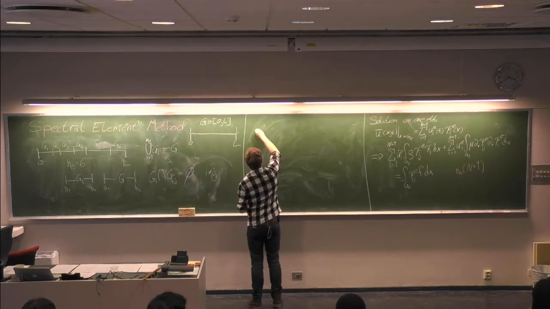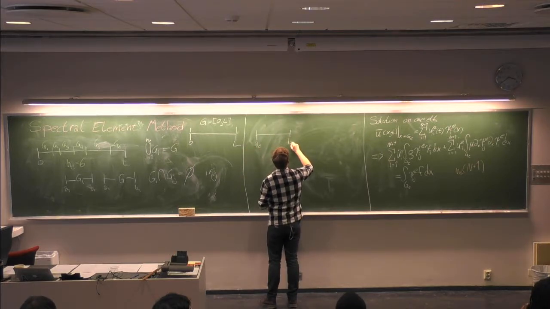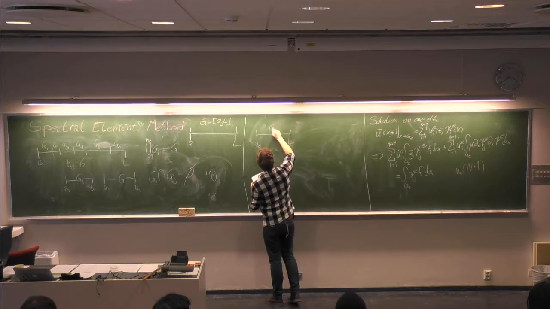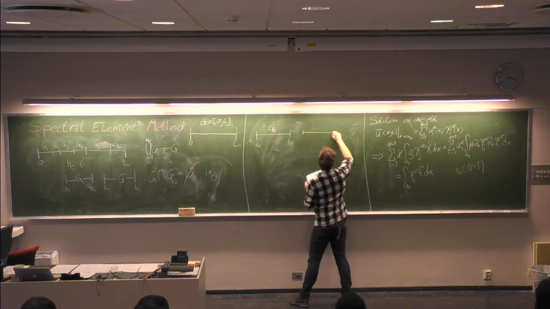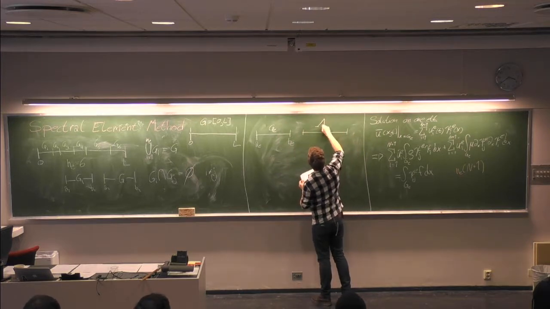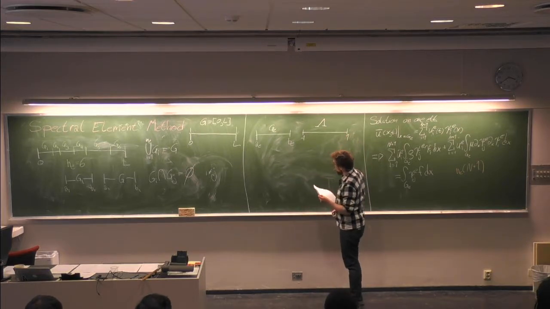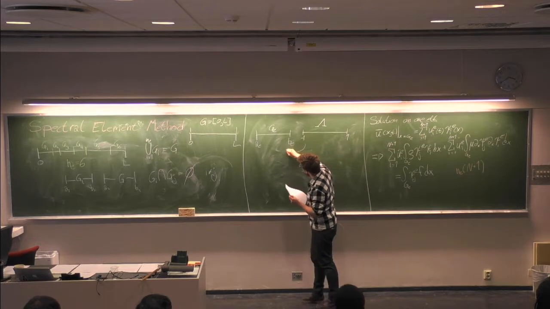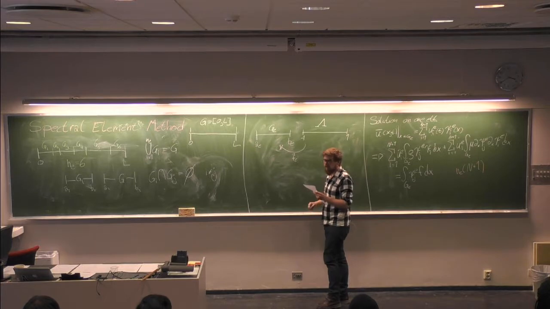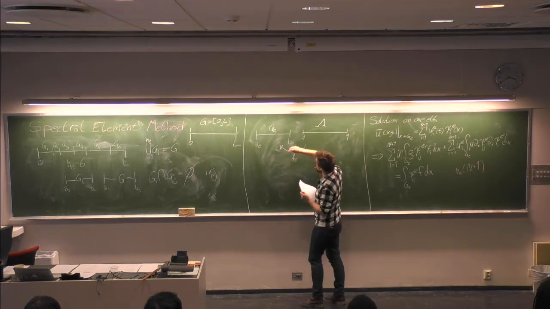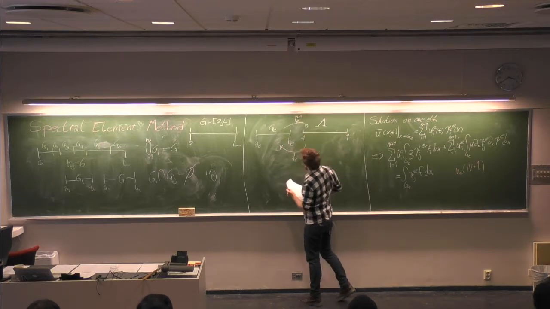Now we have an element with endpoints a^e and b^e, for the element Omega^e, and then we have a reference element big lambda, going from -1 to 1, and then we want a transformation F^e going this way, and then you have the inverse function going the other way.